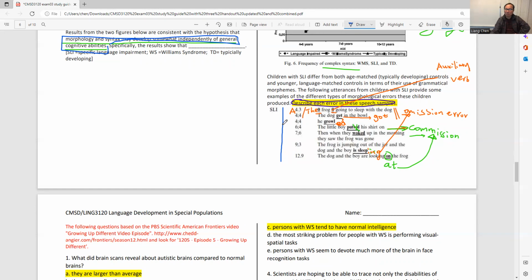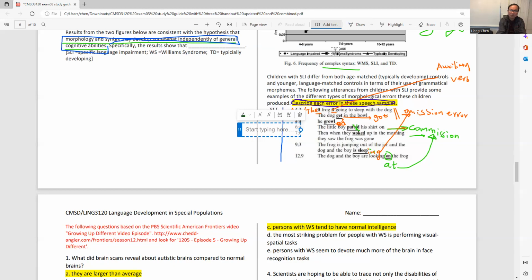"Woke." So instead of "woke," again similar. The same thing. Let's see here. Omission of the, not omission, okay.